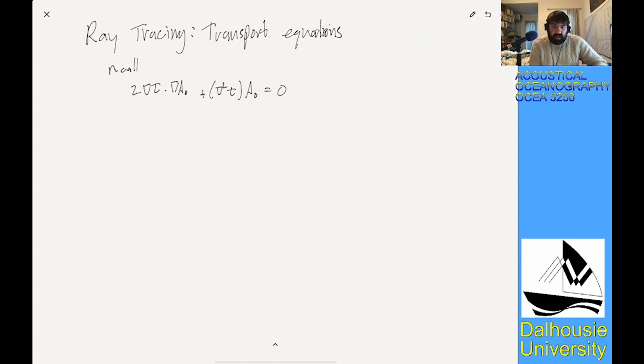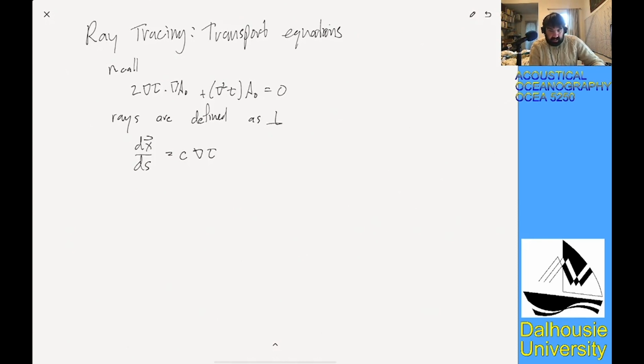Okay. And we define the rays as being perpendicular to level curves. We wrote that as dx/ds, where x is the real Cartesian coordinate system, s is the arc length along the ray, and so we want it to be perpendicular to the tau level curves, and we had c in there as well.